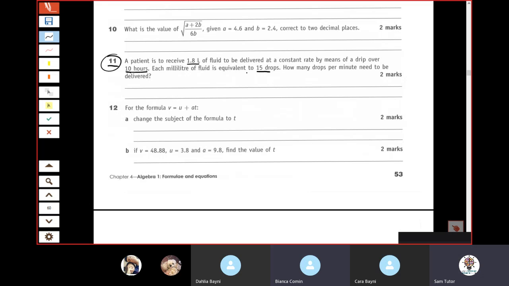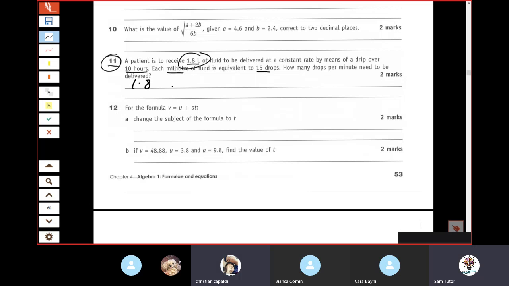All right, anybody have any ideas? Each mil is 15 drops. You convert to milliliters.